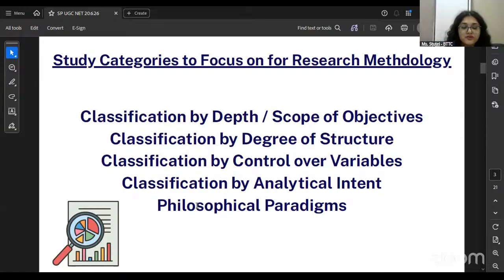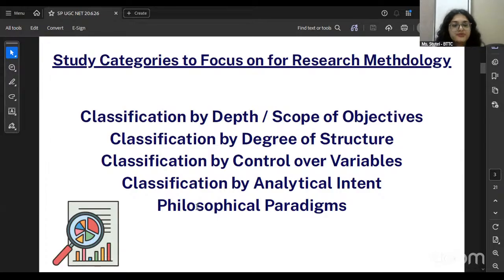If you focus on control over variables, then you can look at experimental, quasi-experimental, and ex post facto. From analytical intent, you can read more about quantitative versus qualitative. You can read about the different research designs. And from philosophical paradigms, I'm just giving you three examples, you can think about positivism, interpretivism, and pragmatism.